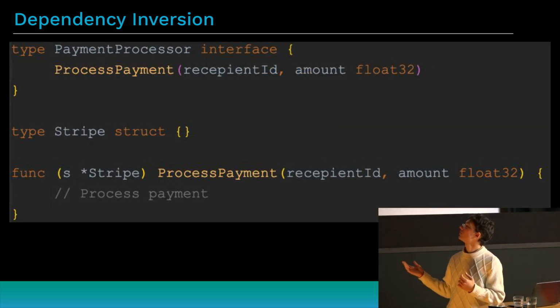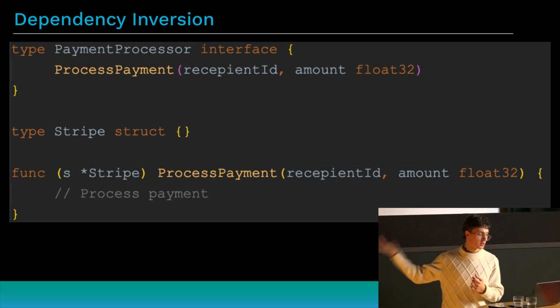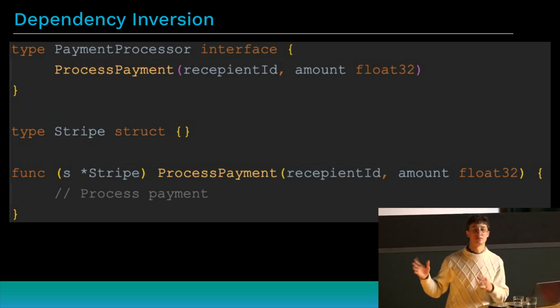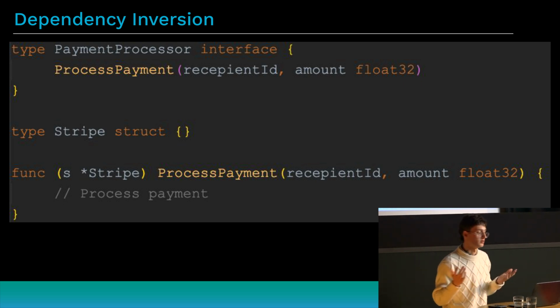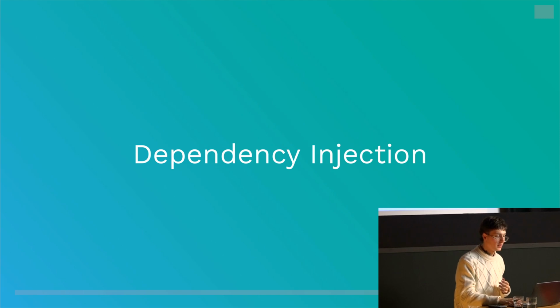The same can be done with Stripe. This screen is not showing us Stripe, but it's very much the same as PayPal. So it's a realization of the method. It has its own details in process payment, but we don't really have to know anything about it.